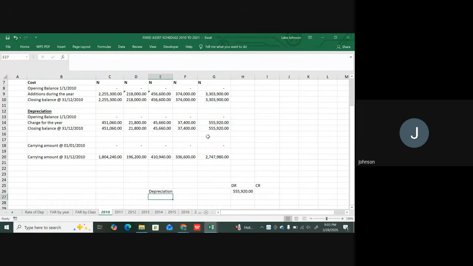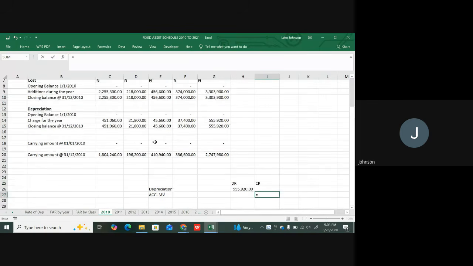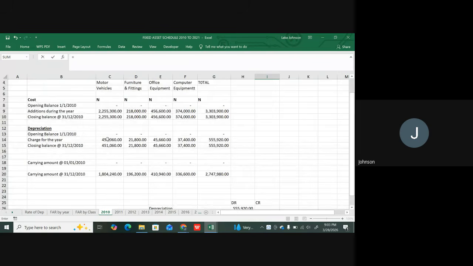Then, to balance the leg, you're going to say accumulated depreciation, motor vehicle. Accumulated depreciation, motor vehicle is going to come over here. You say equal to the depreciation for the year, the charge for the year for motor vehicle.